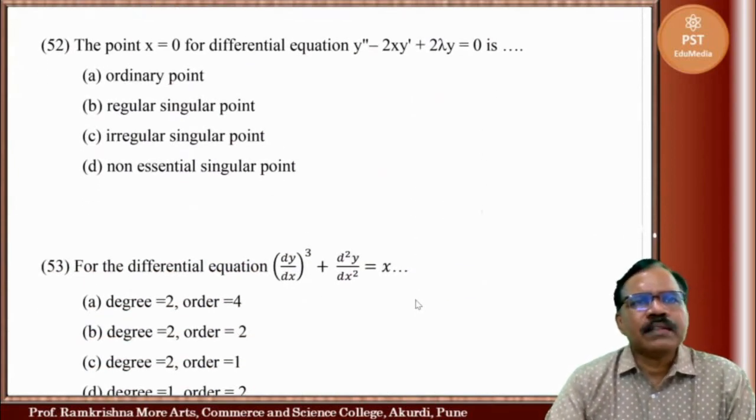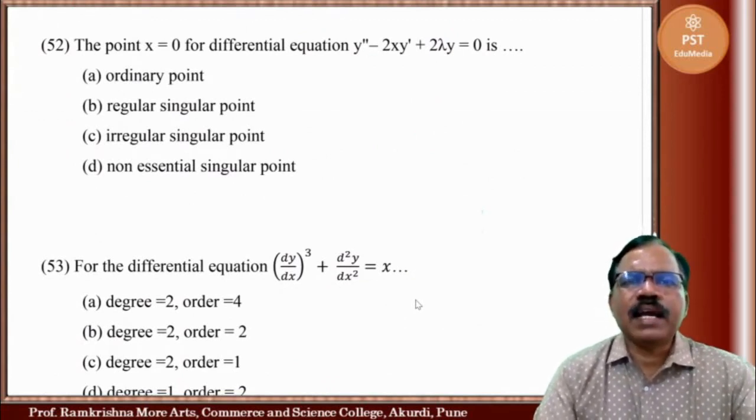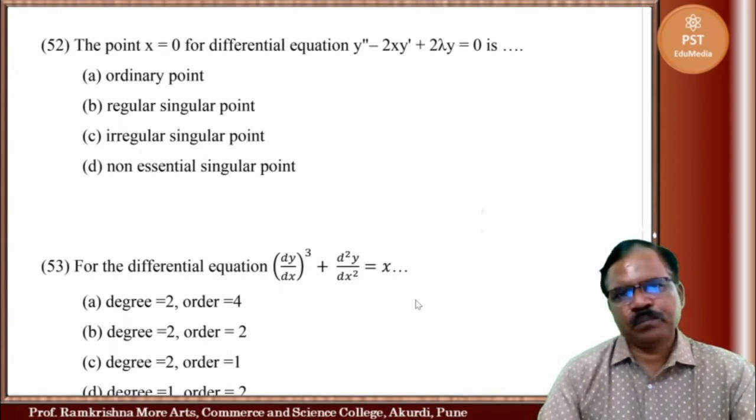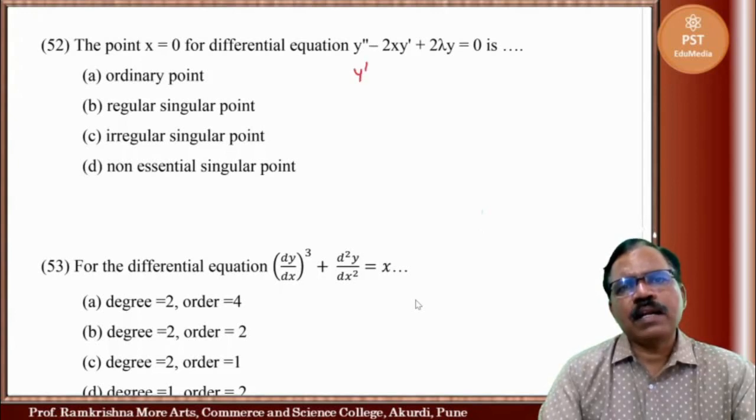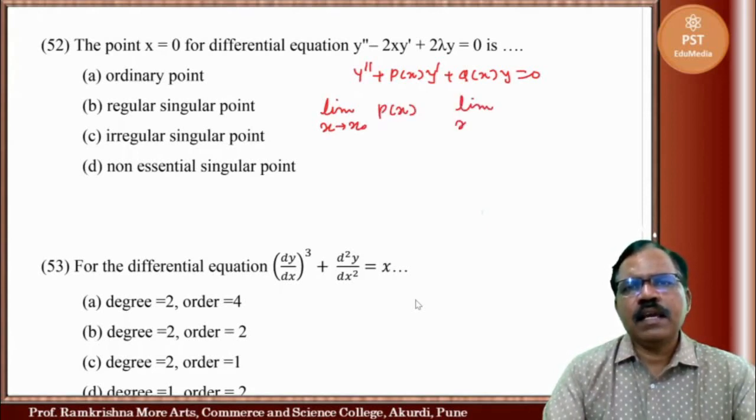Next one, the point x is equal to 0 for the differential equation y double dash minus 2x y dash plus 2 lambda y is equal to 0 is. Now see here, for y double dash plus p of x y dash plus q of x y is equal to 0, we take limit x tends to x0 of p of x and limit x tends to x0 of q of x.